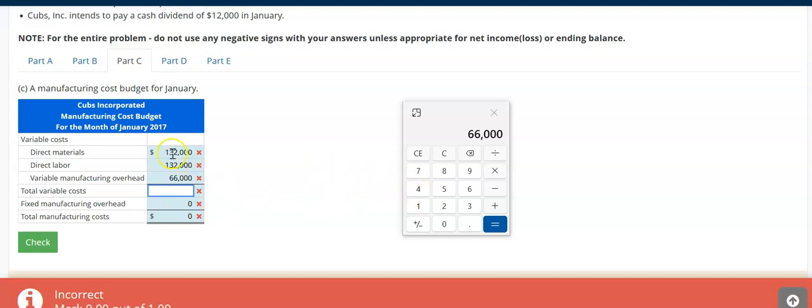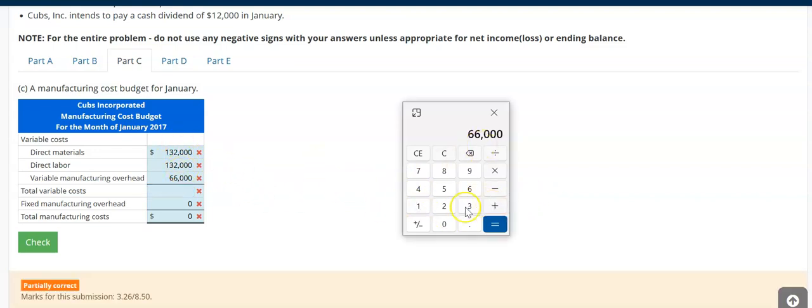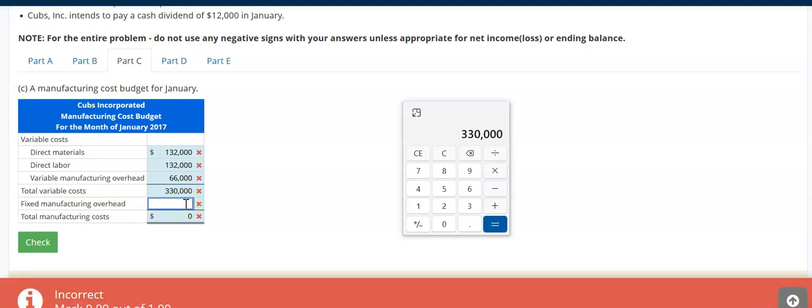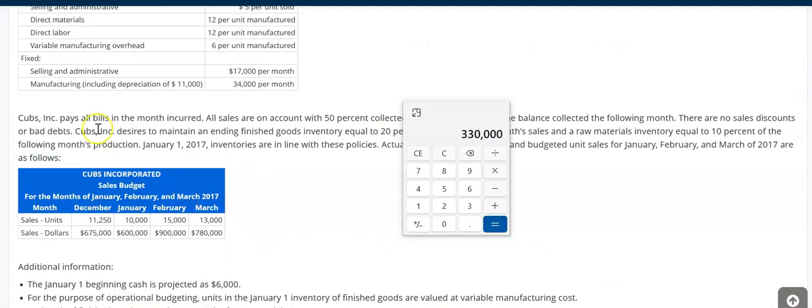And then our total variable costs are just these three numbers. Okay, so we've done these two, and then we've got 132 one more time. Okay, so 330,000.